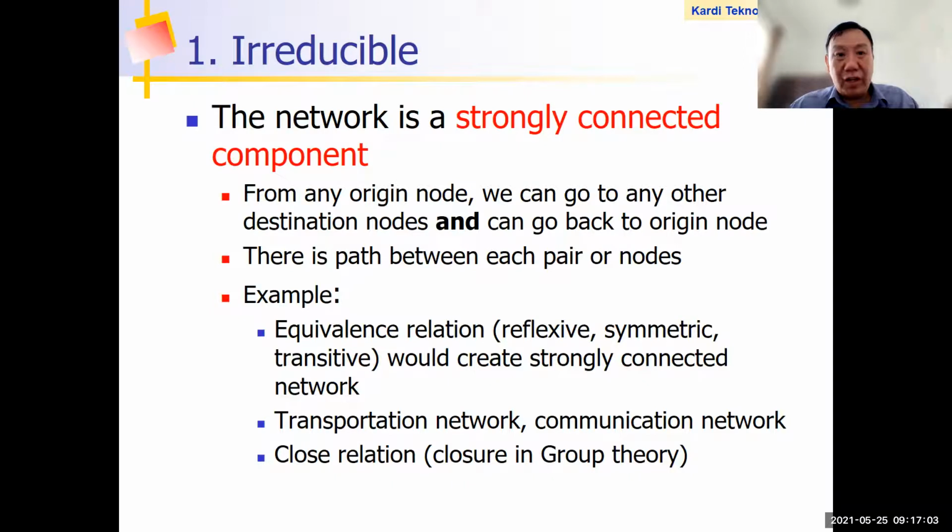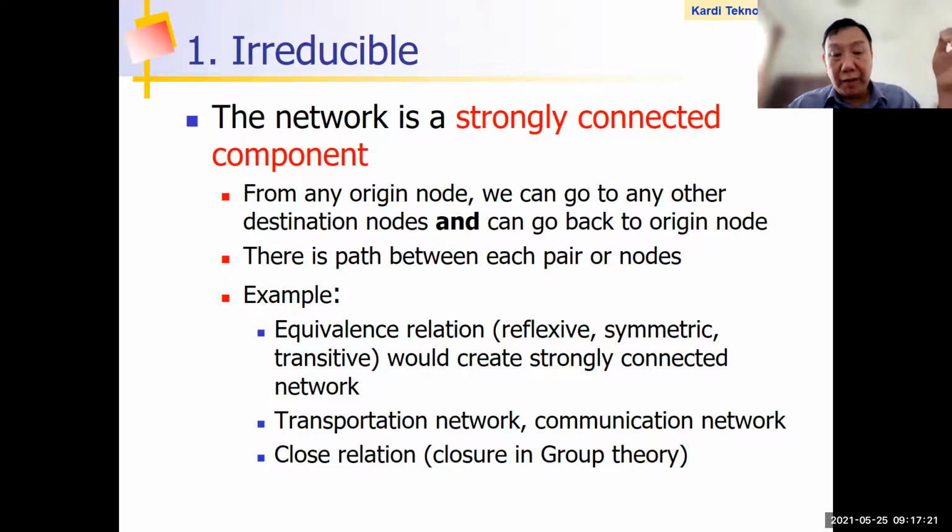So, a strongly connected component: from any origin node, you can go to any other destination node, and you can go back to the origin node. There is always a path between each pair of nodes in the network.